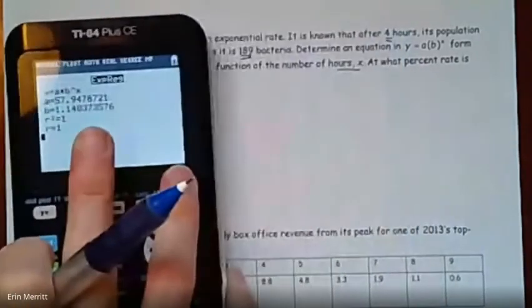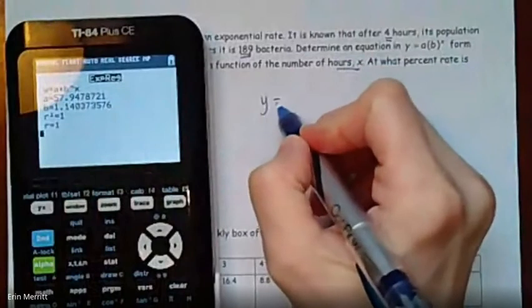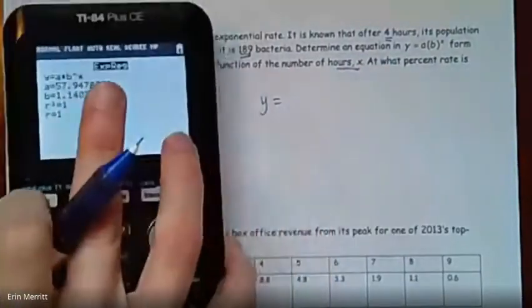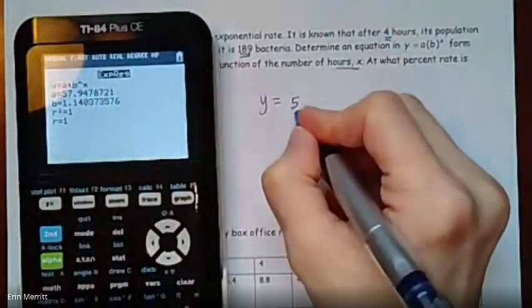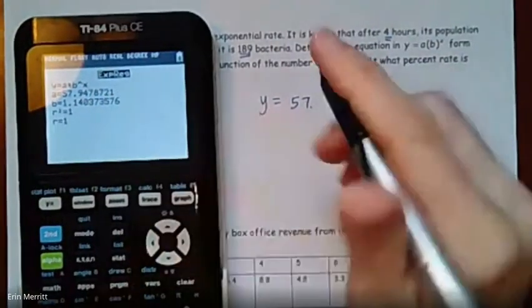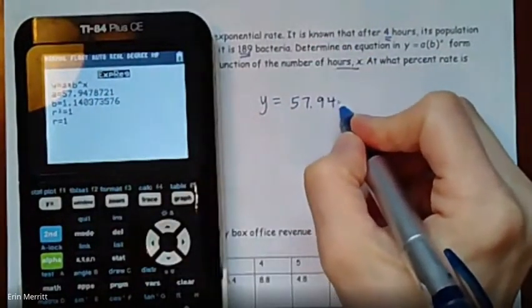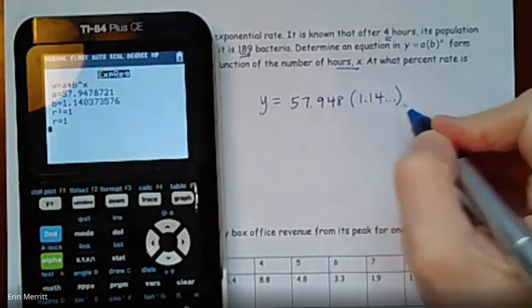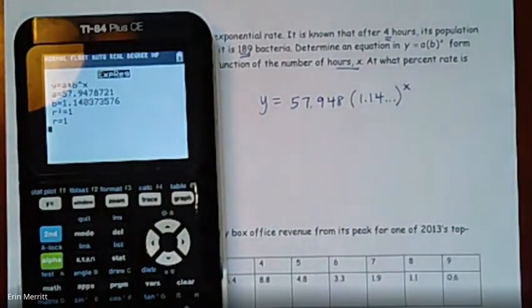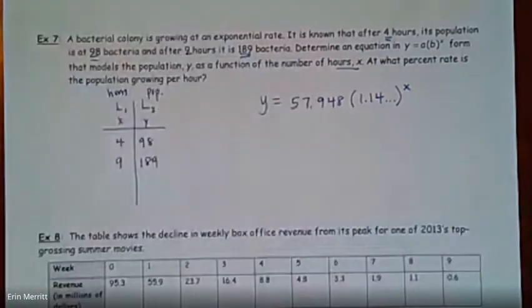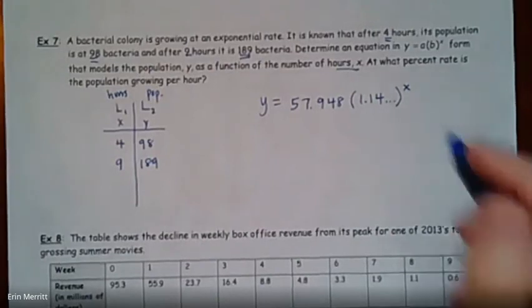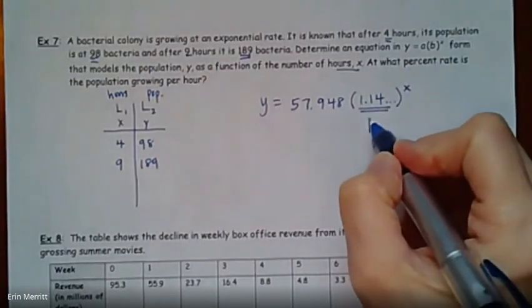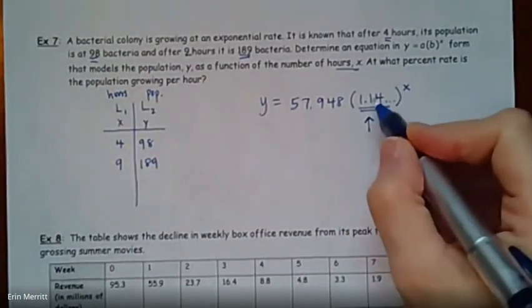And then I come out with y equals, it didn't tell us where to round because it's only our notes. So let's just take it a couple decimal places. Maybe 94.8 and then 1.14 raised to the x power. In the case of this, when it says what percent rate is it growing, this value right here, if it's over 1, that's how I know it's growth.